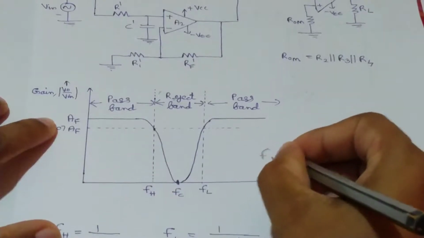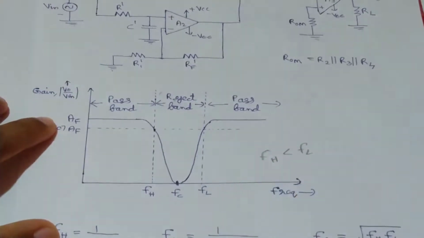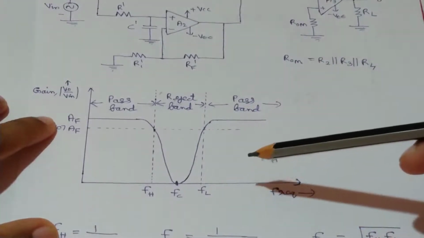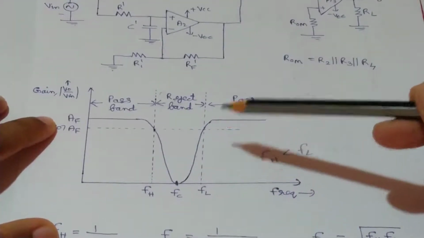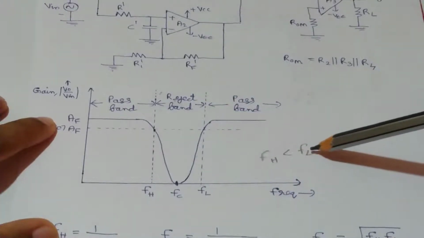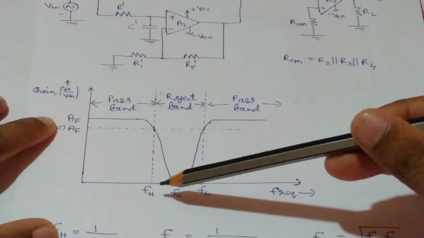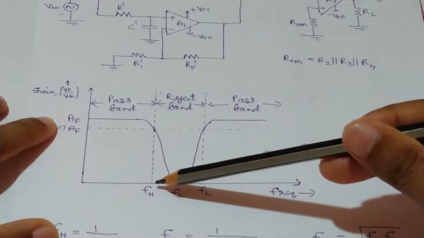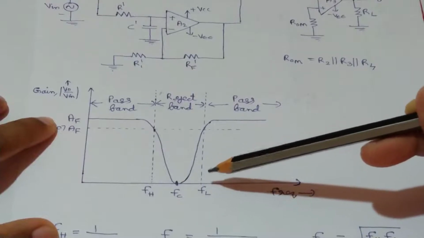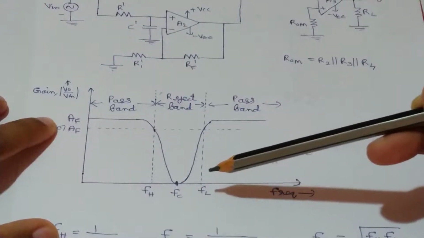In the case of band pass filter, that FH value is greater than FL, and in the case of band reject filter, this FH value should be less than FL, where this FH is the higher cutoff frequency of the low pass filter and this FL is the lower cutoff frequency of the high pass filter.